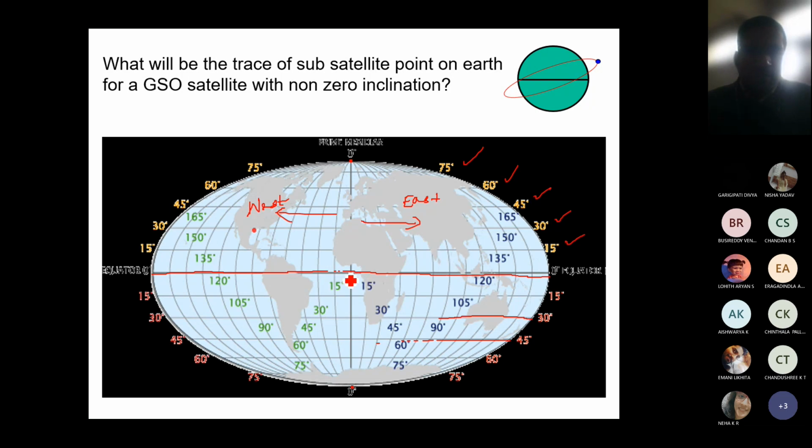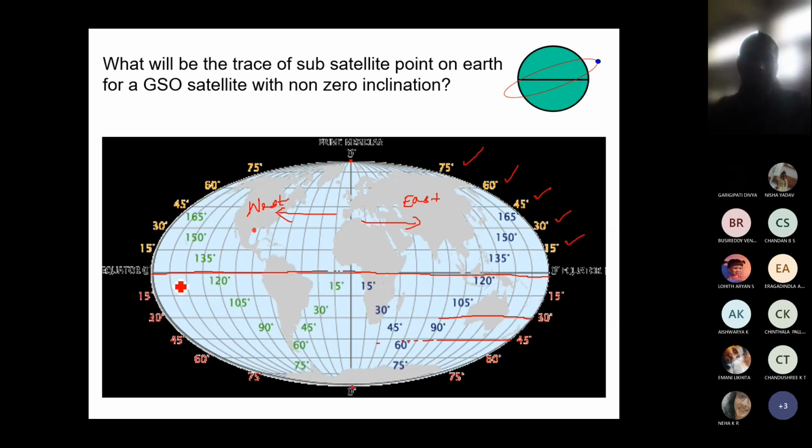Similarly, on this side you have 15° west longitude, 30° west, 45° west, up to 180° west longitude. Here it is 180° and here it is 180°.